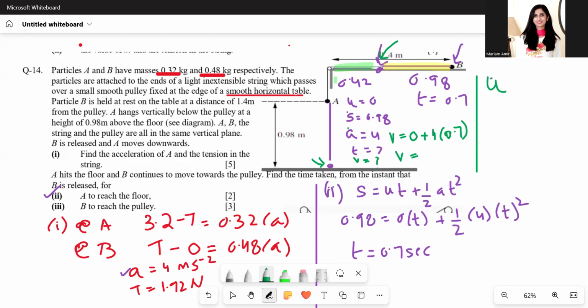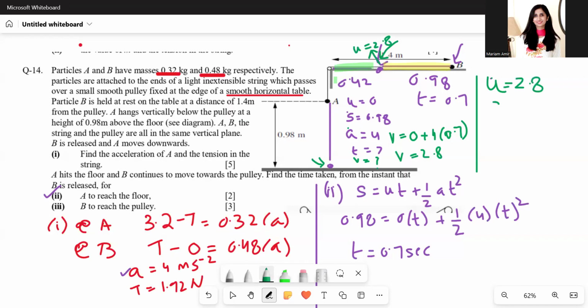Sorry, 2.8, not 2.1, 2.8. That means the speed here is going to be 2.8 as well. And for the green journey, this will now be u. So for the second part of the journey, u is 2.8.